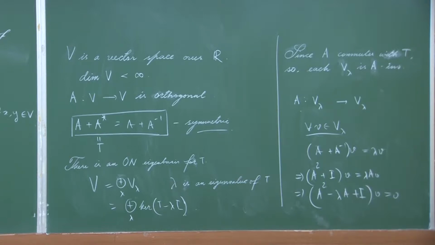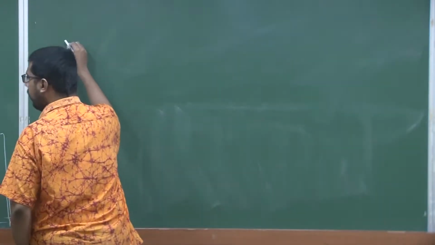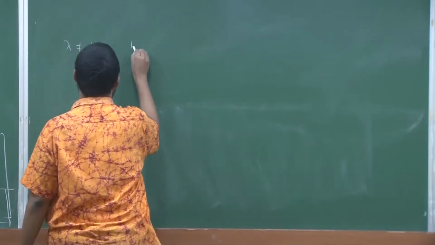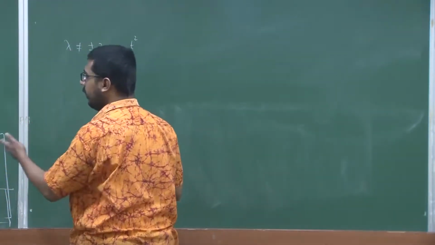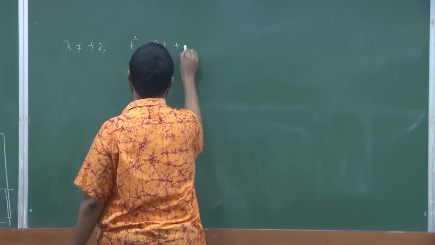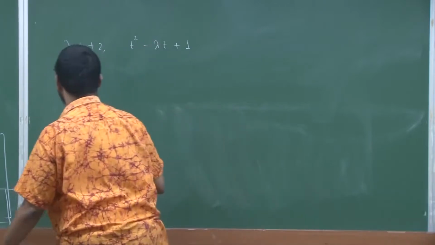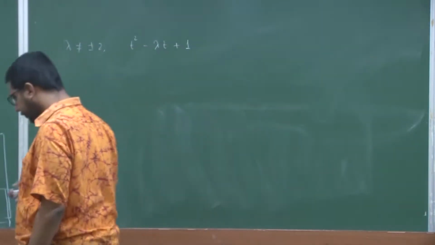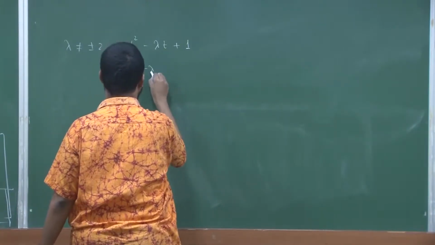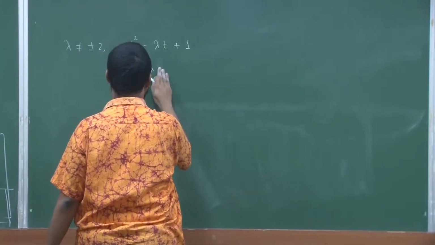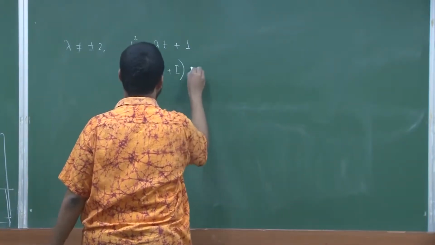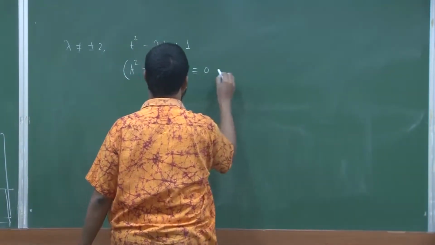Here we have lambda not equal to plus or minus 1, and the minimal polynomial, the annihilating polynomial, is this one. So, on V lambda, we do have A square minus lambda A plus identity equal to 0 on V lambda.